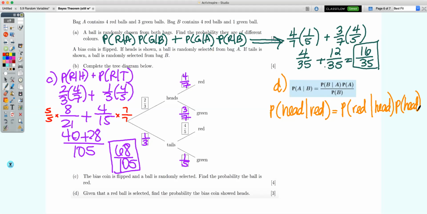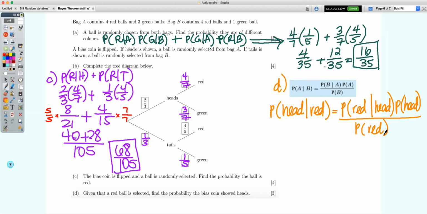All I'm doing is taking Bayes' theorem and plugging it in based off of our particular problem. They want the probability of it being red. And now I can use my tree diagram and Bayes' theorem to do this, okay?